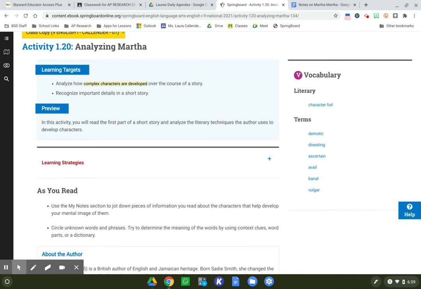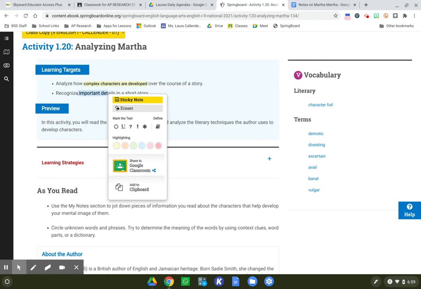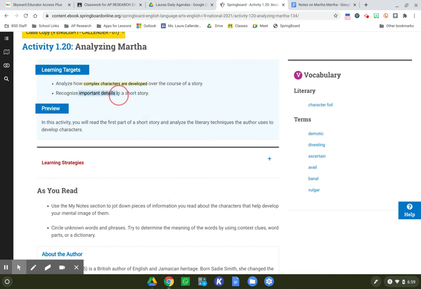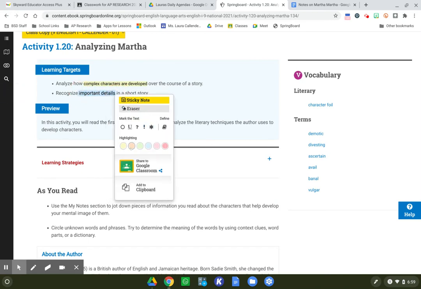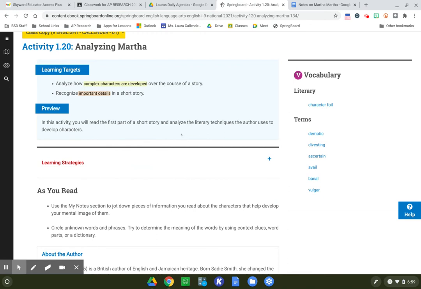But we have two main characters that actually do develop in their interactions with each other and the details that we learn about them. Those details are important to understanding the theme of the story, right? So we're going to recognize those important details and be able to identify how they help develop the characters and develop the theme. So here we go.